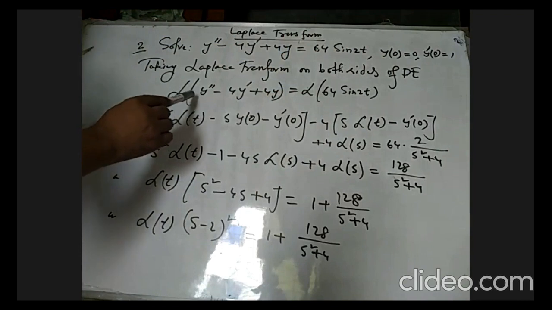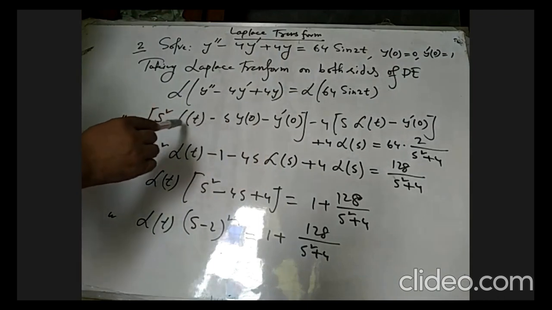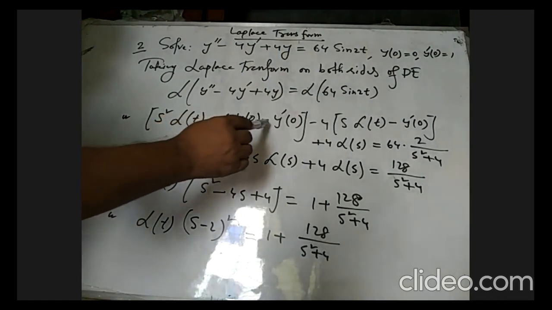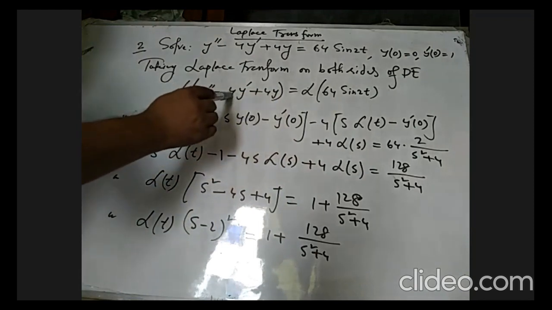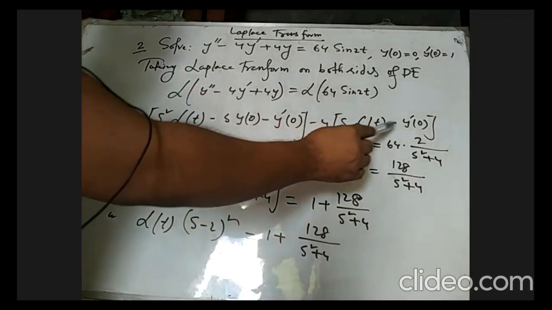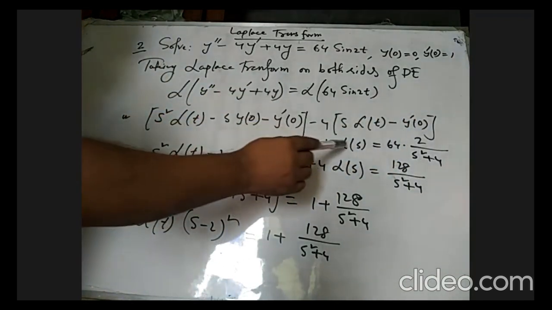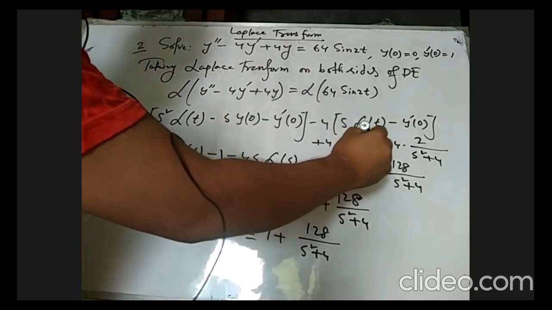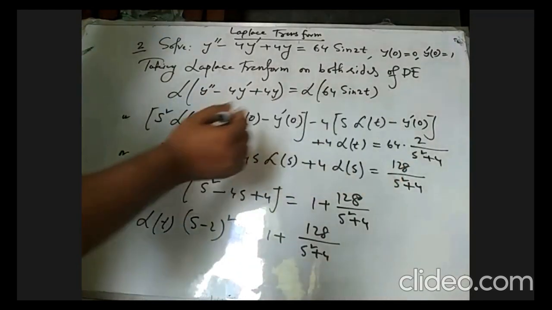Now the Laplace transformation of the second derivative of y(t) we must know from our properties of differentiation of Laplace transformation: s square Laplace transformation of y(t) minus s into y(0) minus first derivative of y at t equals 0, minus 4 into the Laplace transformation of the first derivative of y(t), which was s into Laplace transformation of y(t) minus y(0), plus 4 into Laplace transformation of y, equals 64 into 2 divided by s square plus 4.